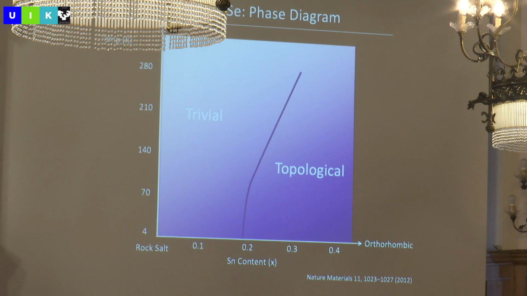So the system has a tendency to go in that direction. What we believe is happening for these particular compositions is that it's not that the bulk is distorted. We know the bulk is rock salt from X-ray measurements. This distortion I talked about is happening only on the surface. And you'll see evidence for that when I show you what happens during this transition.